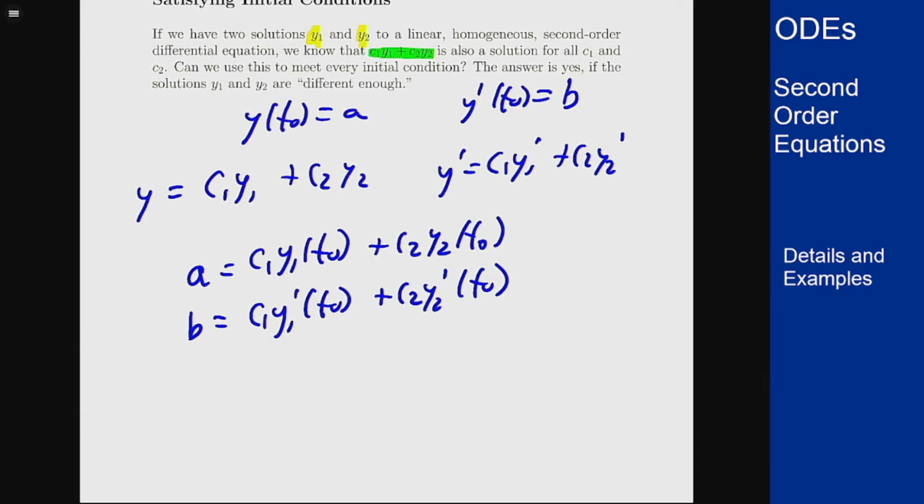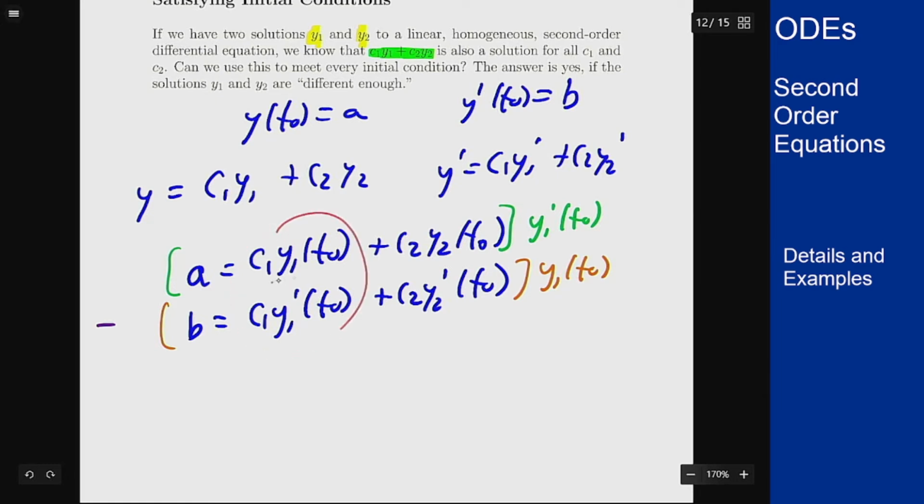Now my goal is to solve for c1 and c2 here. To do that, I'm going to multiply the first equation by y1 prime at t0. My goal is to use elimination here. And the second equation, I will multiply by y1 at t0, because then when I subtract these two, the terms are going to cancel, because I'll see c1 y1 at t0 y1 prime, and c1 y1 prime y1.